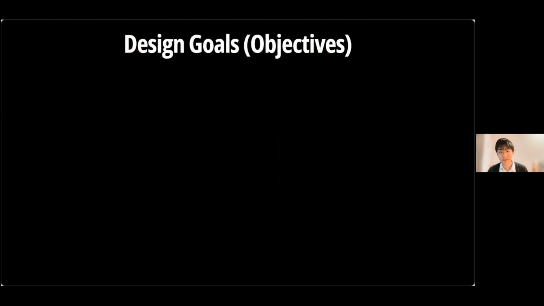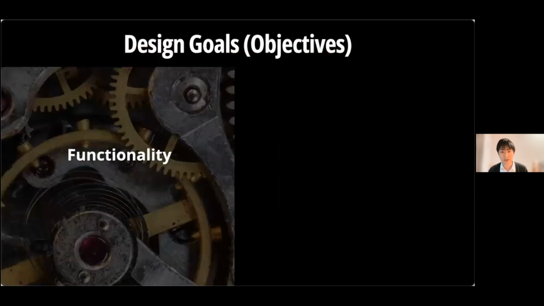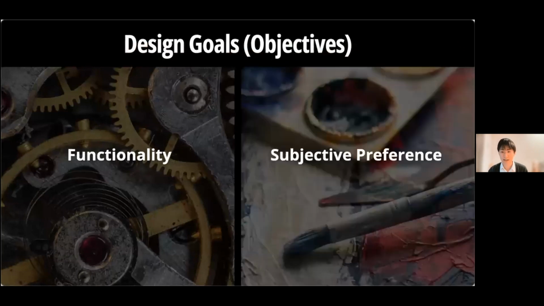However, when considering design goals in practice, functionality can be just one aspect of design goals. Another missing aspect is the subjective preference. And in many scenarios, it is natural to consider the preference as a design goal.